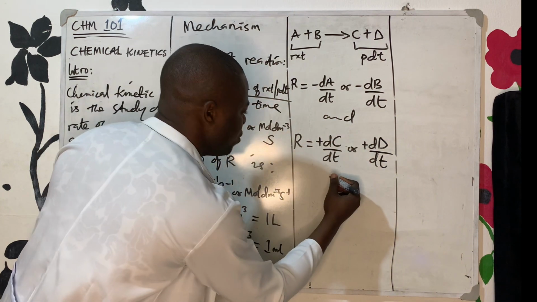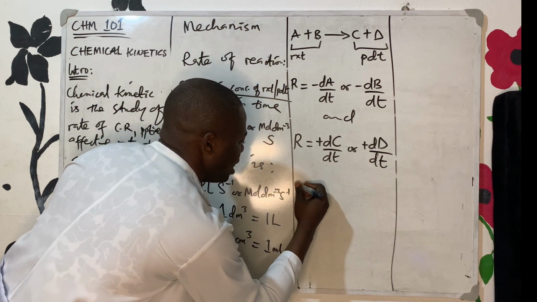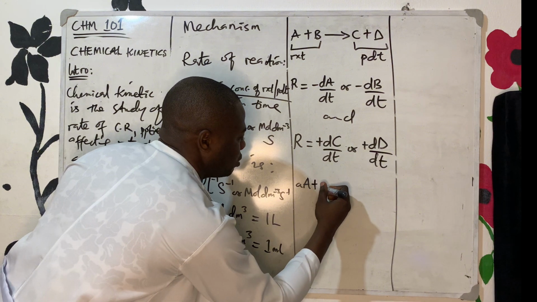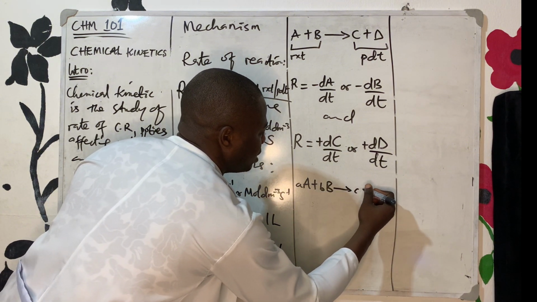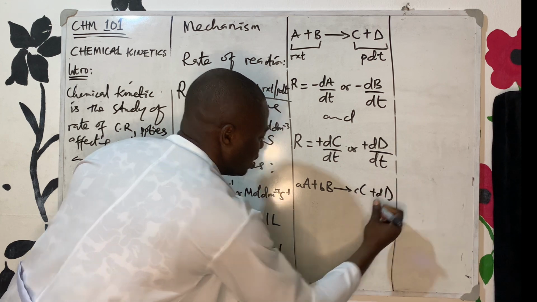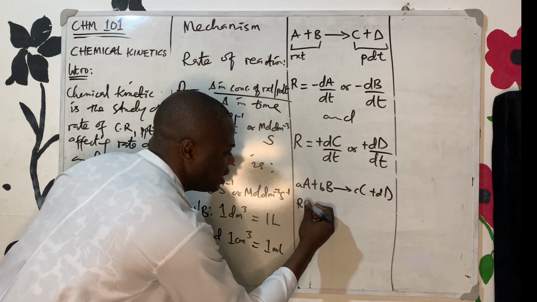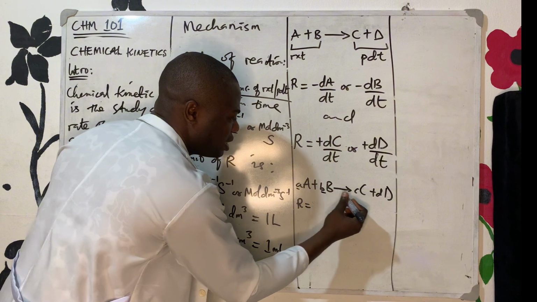But they may give you another equation of this: a A plus b B giving you c C plus d D. For our rate of reaction here, we have what we call stoichiometric coefficients.